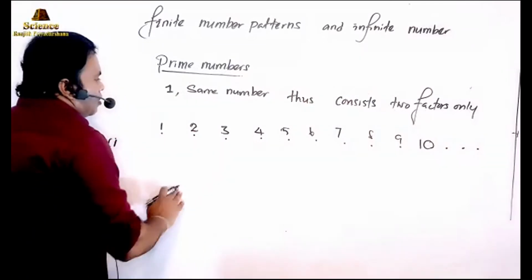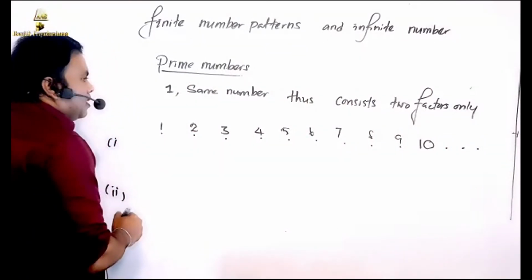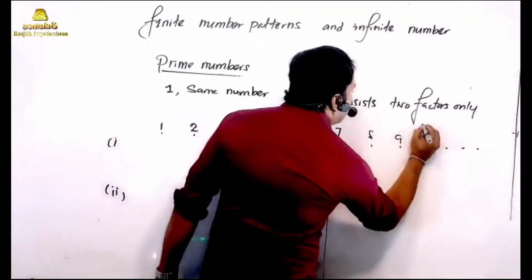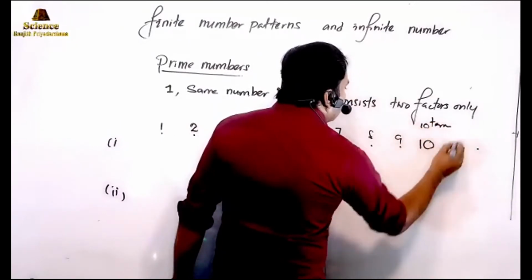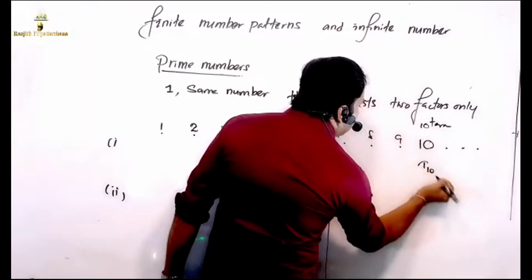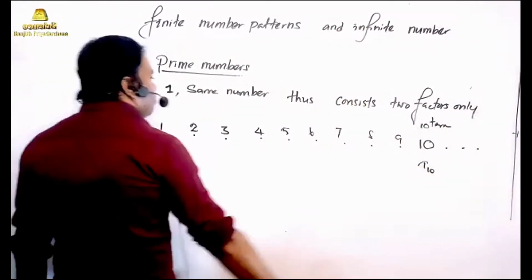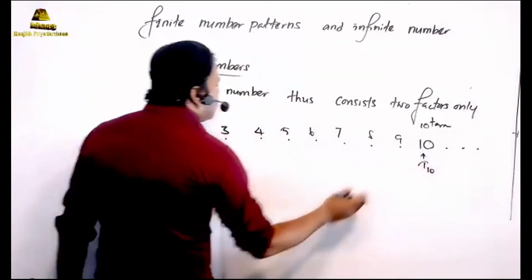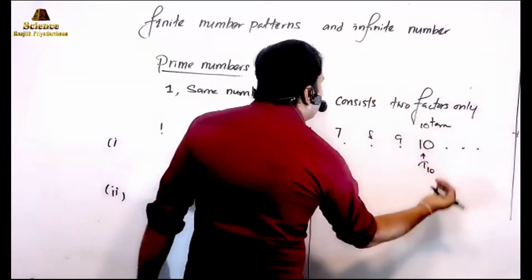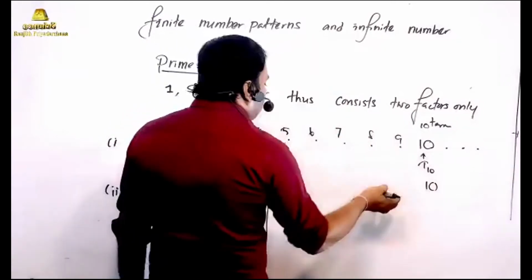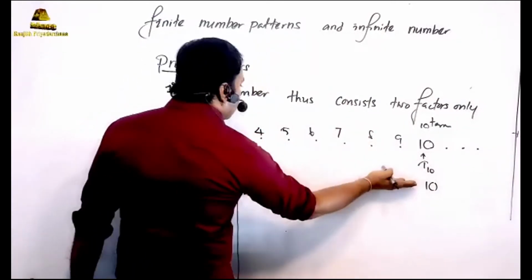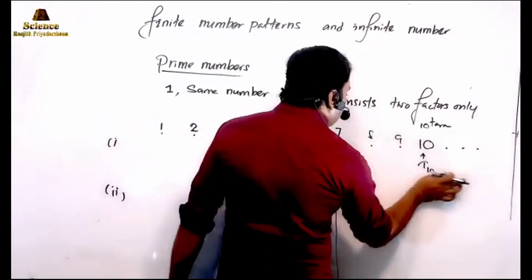But if you write another number pattern with the same 10th term, or we can write it as T10, if T10 is the same 10 in another pattern, then these are not two number patterns, it is the same one. Okay? So that's the same one.